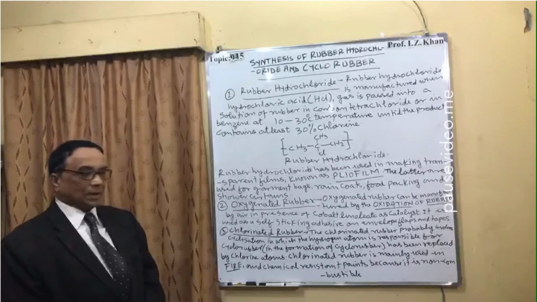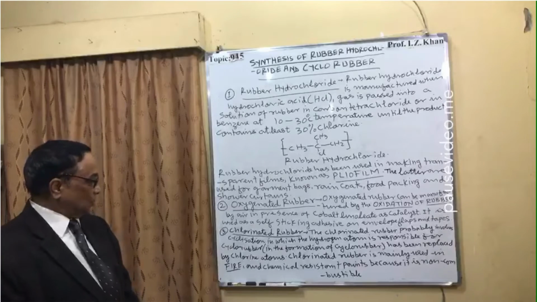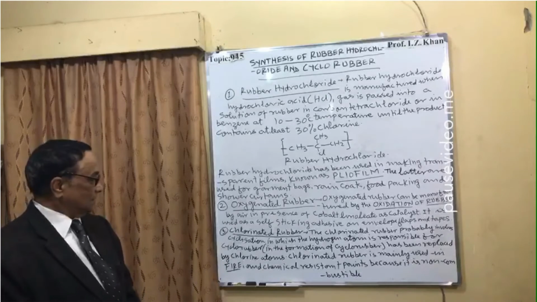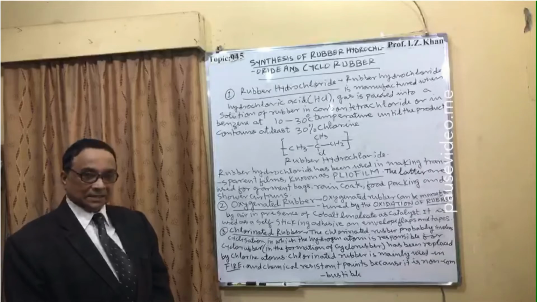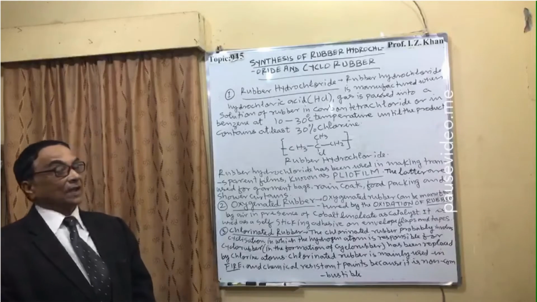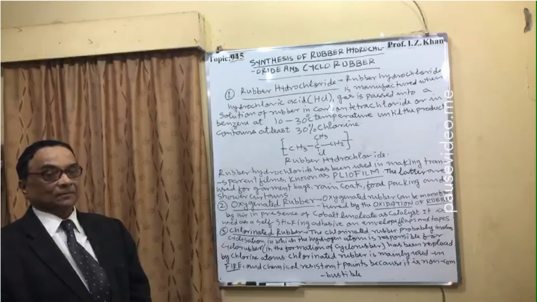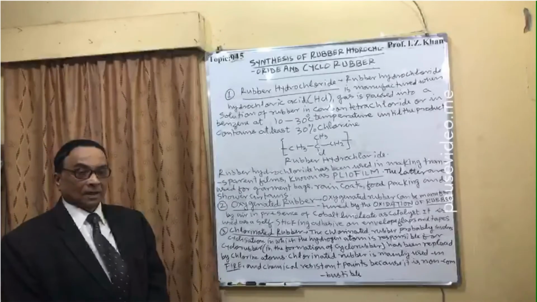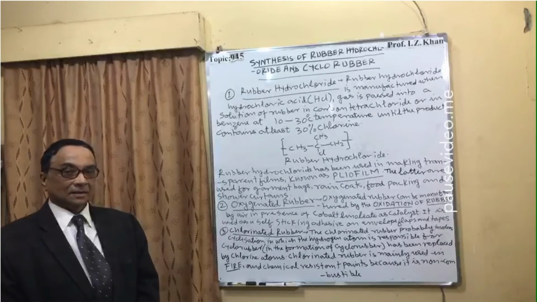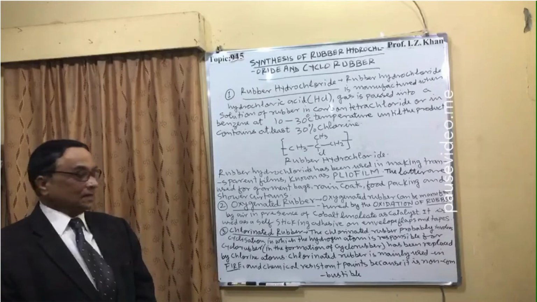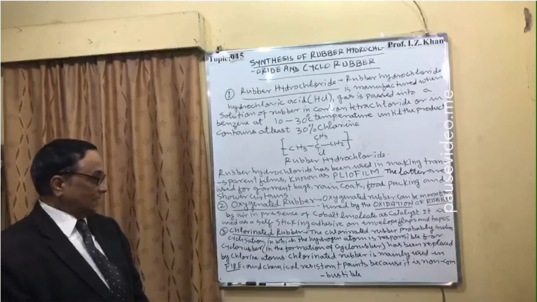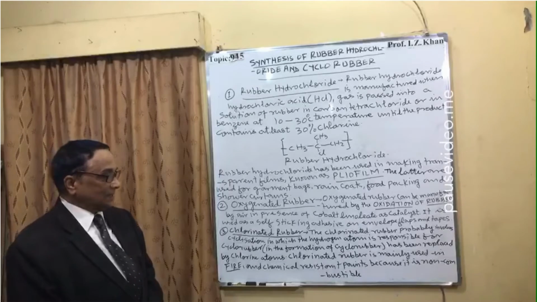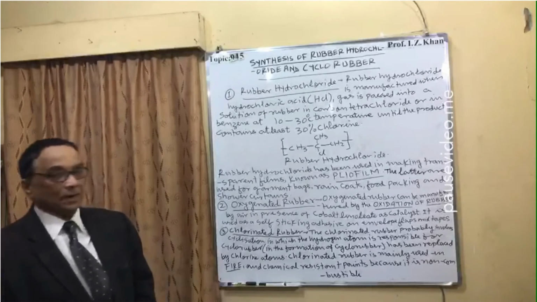Chlorinated rubber is mainly used in fire and chemical resistant paints. It is fire resistant and cannot catch fire, which is why it is widely used in paints that are fire resistant, because it is non-combustible.